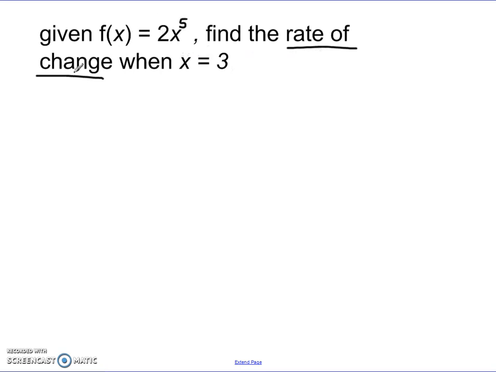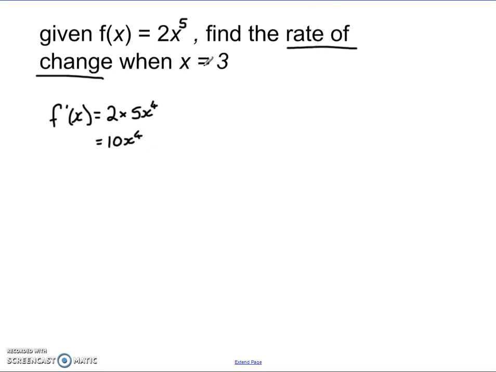Well, this one's already written like that, 2x to the power of 5. So great, it means I can just instantly start by calculating f dashed of x. And again, remember with this one what we do, we write down the 2 times and then we take the derivative of that part, bring the power down, 5x, and then reduce the power by 1 to the power of 4. That then equals 10x to the power of 4 once we simplify it.